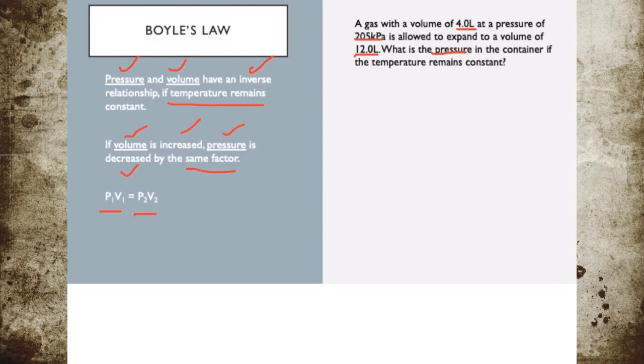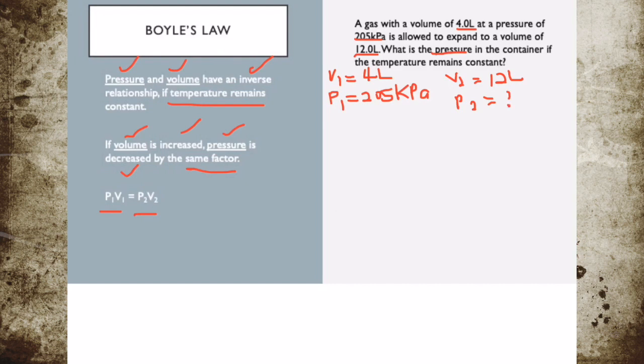The first step for us to be able to solve is to identify the given. First given is volume 1, which is 4 liters, pressure 1, which is 205 kPa, volume 2, which is 12 liters, and pressure 2, which is unknown.